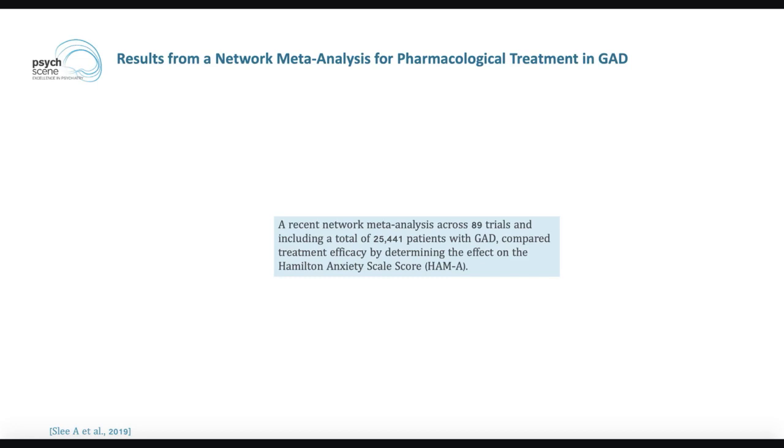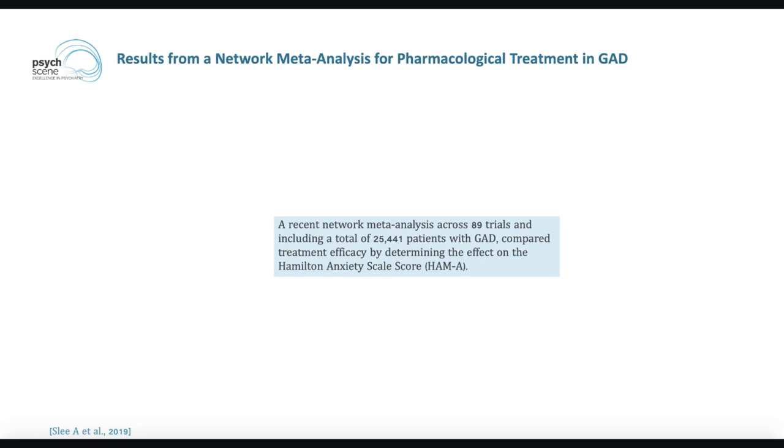So in relation to pharmacological treatment with medication in generalized anxiety disorder, there was recently a network meta-analysis for pharmacological treatment in GAD. This is by Slee et al., 2019. And what are the key messages there? So this is a network meta-analysis across 89 trials and including a total of 25,441 patients with generalized anxiety disorder. And they compared treatment efficacy by determining the effect on the Hamilton Anxiety Scale score.